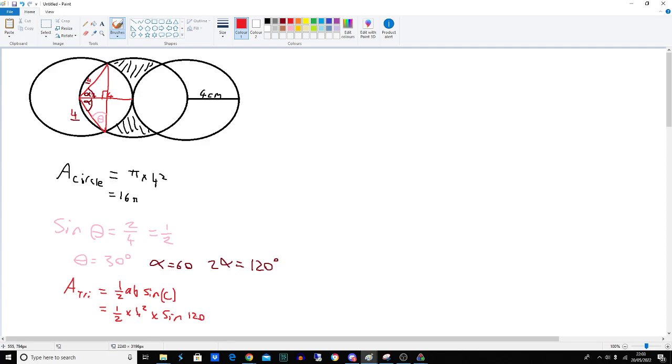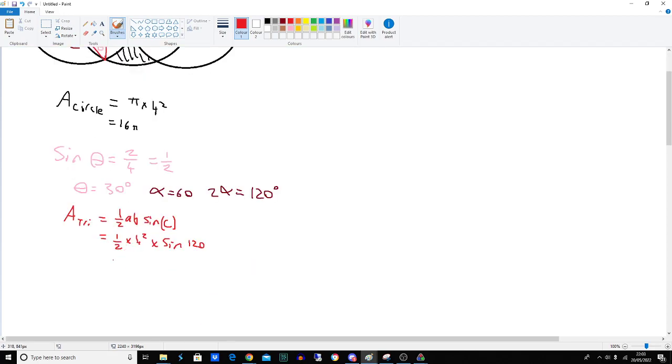Sine 120 is the same as sine 60, which is root 3 over 2. Because we're multiplying it by half, it'll be root 3 over 4 times 4 squared, which is equal to 4 root 3. Okay, that's important.